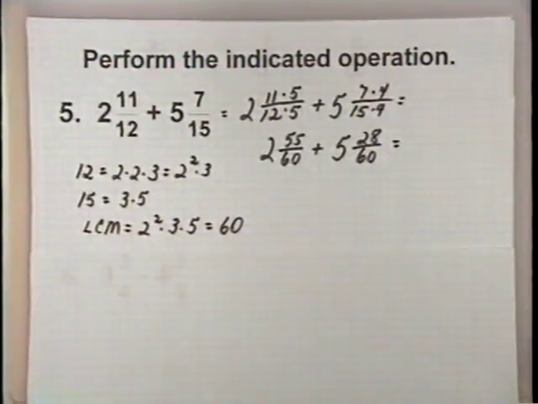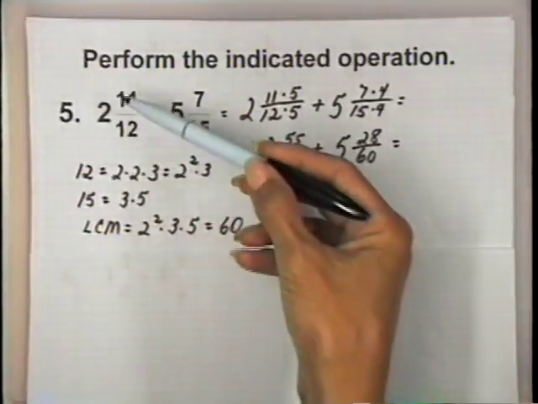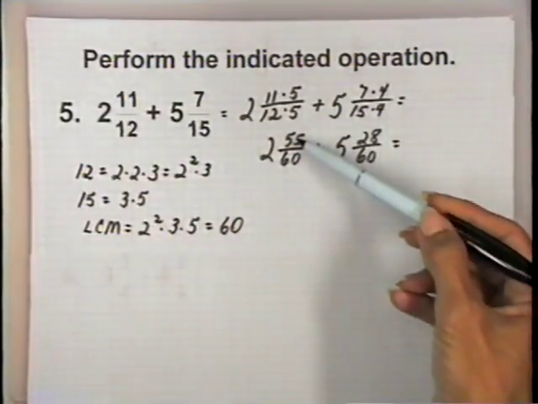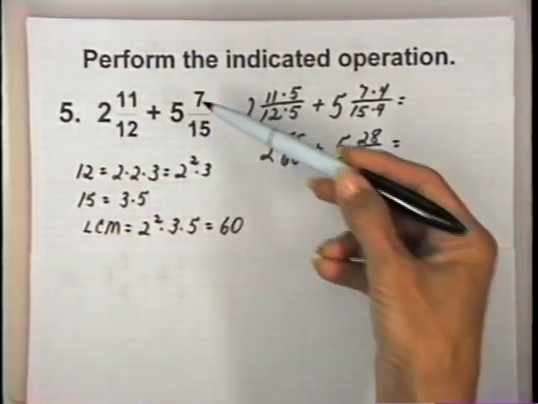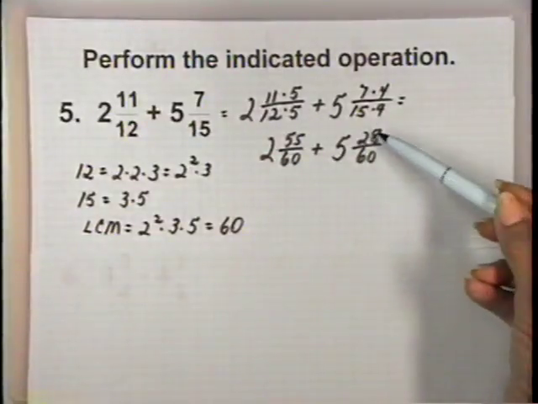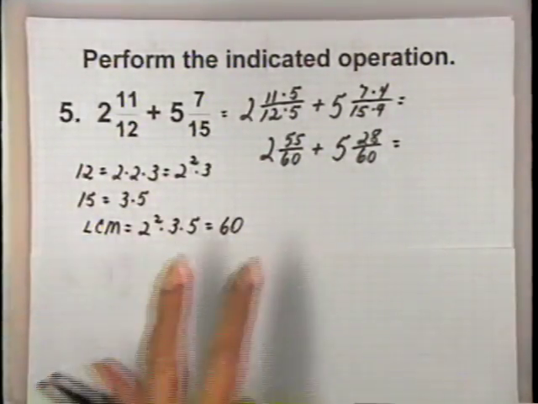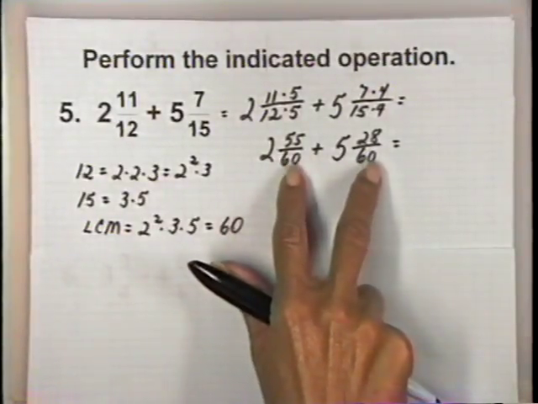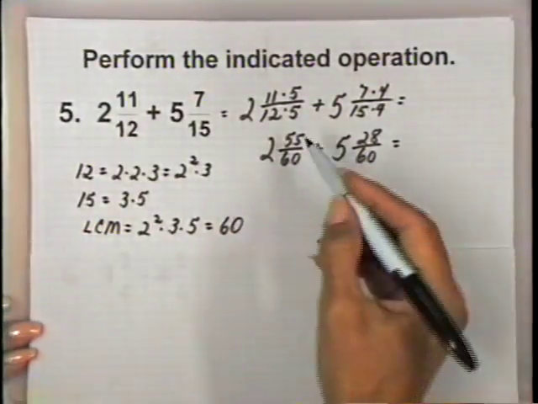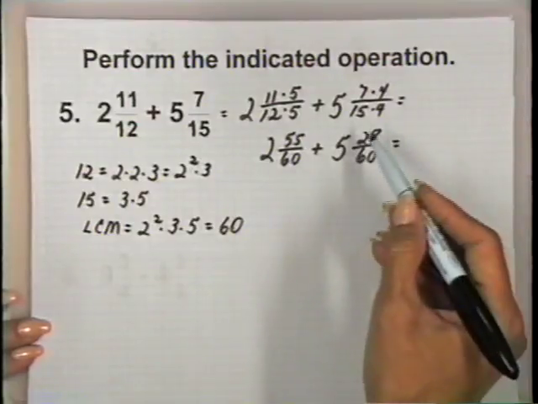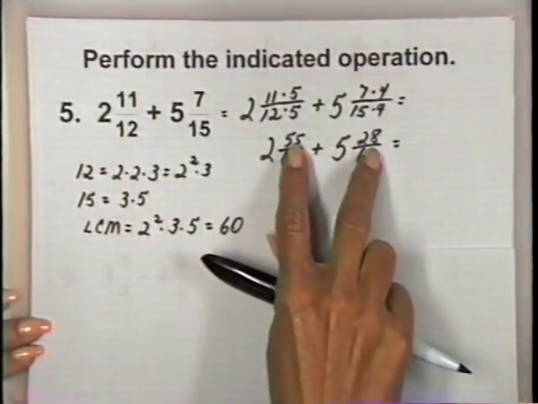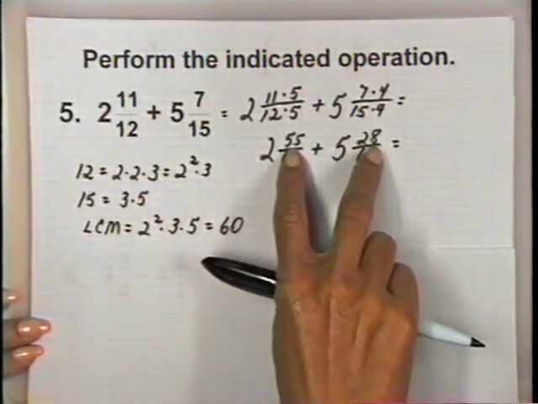Now look at what we've done. We've found equivalent fractions for our fractions. 11 twelfths is equivalent to 55 sixtieths. 7/15 is equivalent to 28 sixtieths. Since I have done that, now I may add my fractions. When I say 55 sixtieths plus 28 sixtieths, I need to add my numerators.